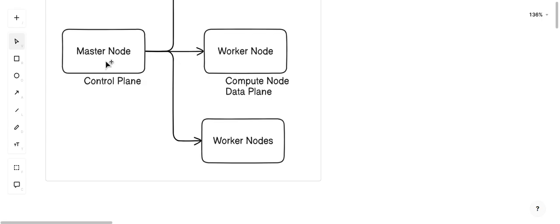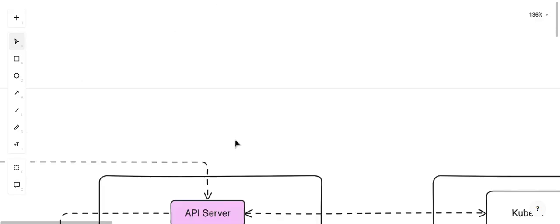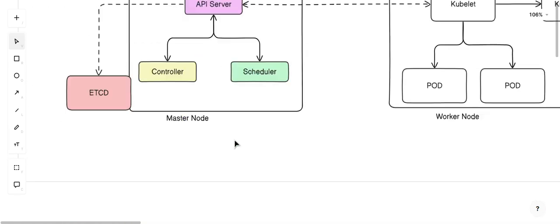How it works: the master node will get to know that this worker node is having only one pod inside it. That information is always stored inside etcd.